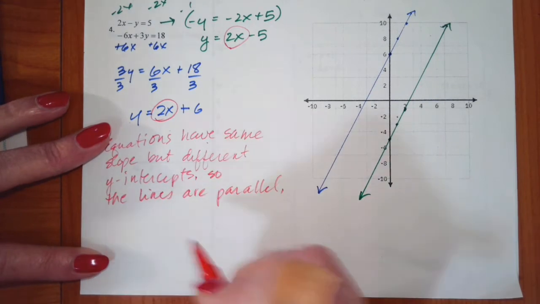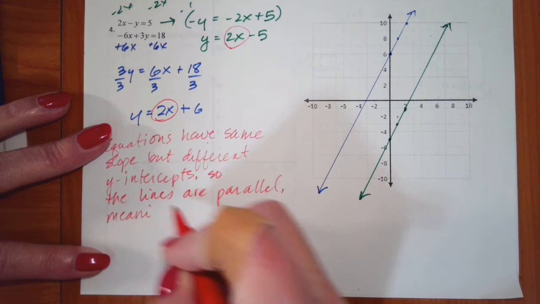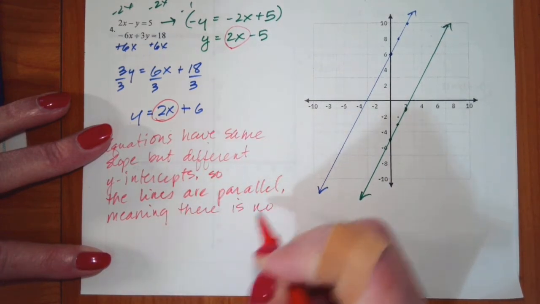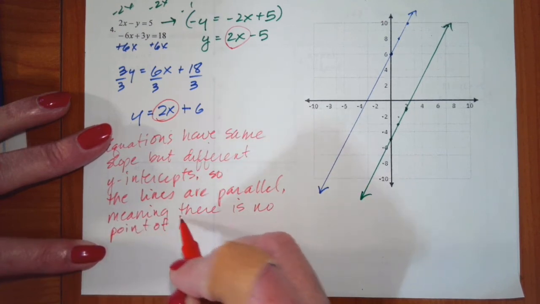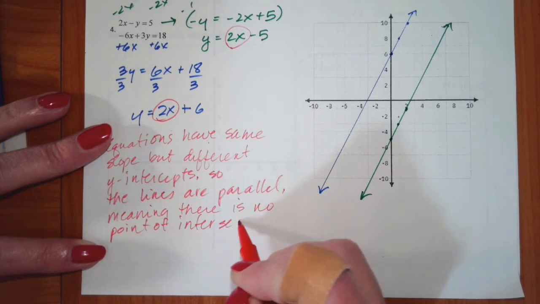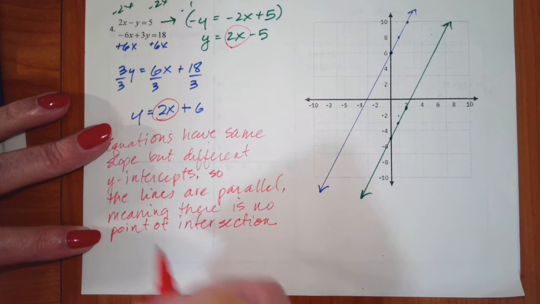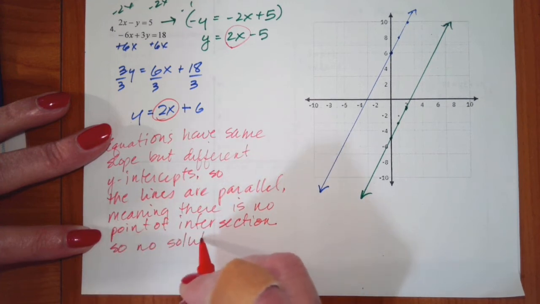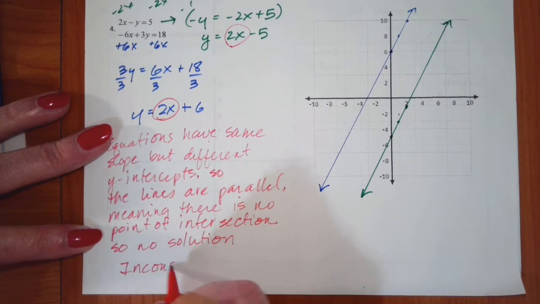And of course, parallel means they never intersect, meaning there is no point of intersection. So no solution. And if I look back on my vocabulary, this means that the system is inconsistent.